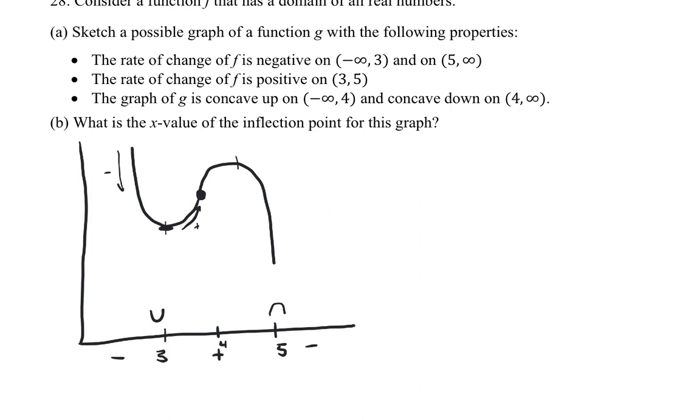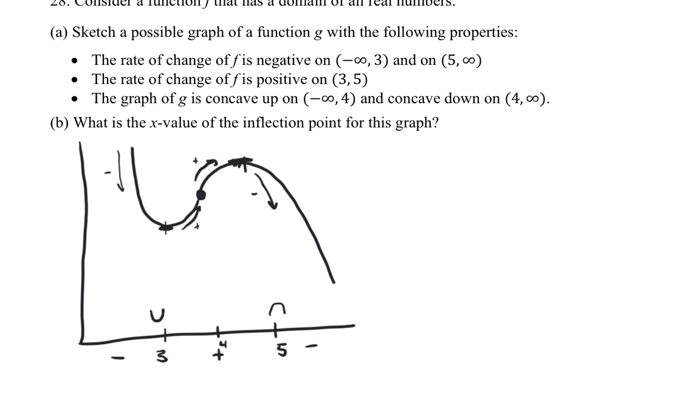Here we can shift and go back a little bit, fix it there. Now here at 5 it should have a slope of about 0. I'm not an artist, but here it's still positive, and then here it's going downwards again, so it's negative. All right, so that's what our general graph should look like.